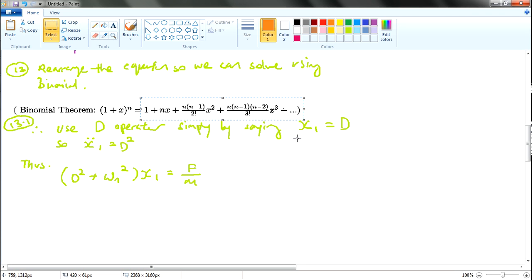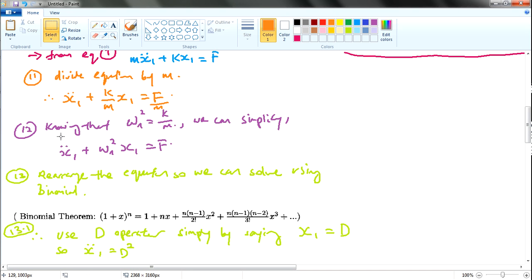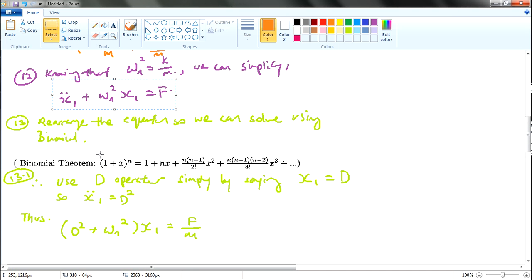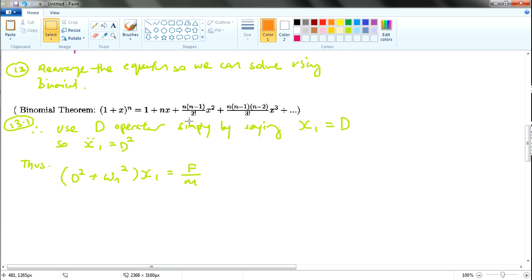It's pretty easy to solve with that method. So with 1 plus x to the power of n, we're trying to make this equation into this form, such that we can solve using this series. Okay, hopefully you can get something out of it. So give me a minute, I'll just continue.